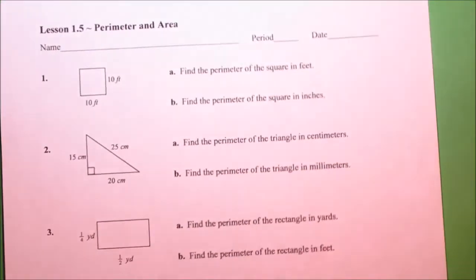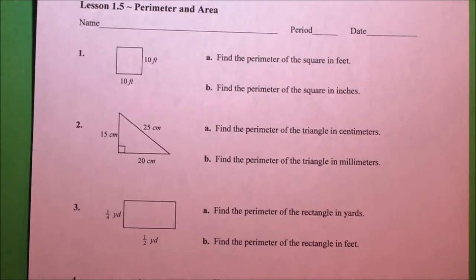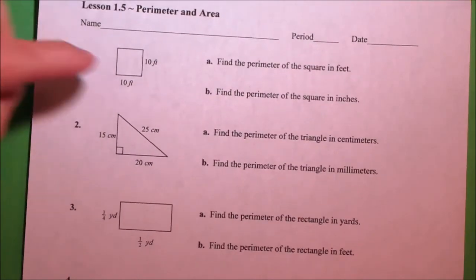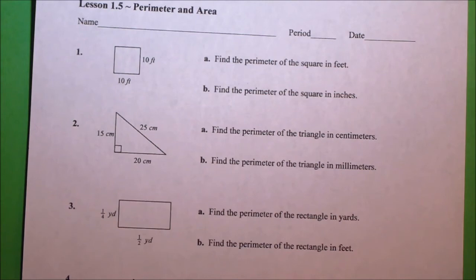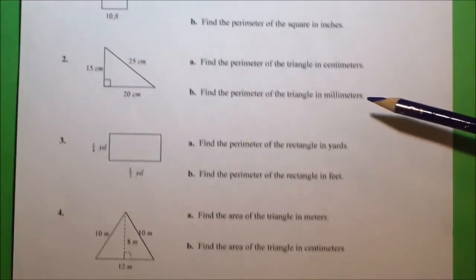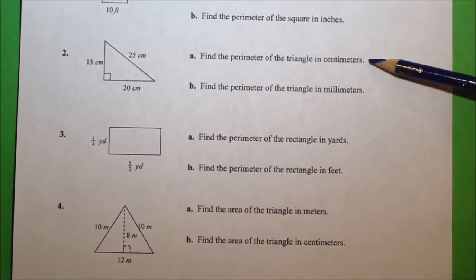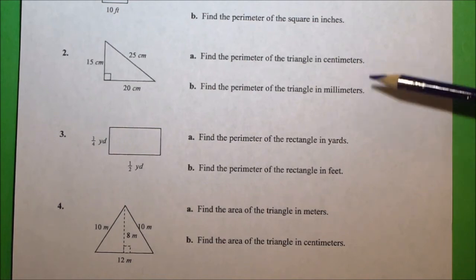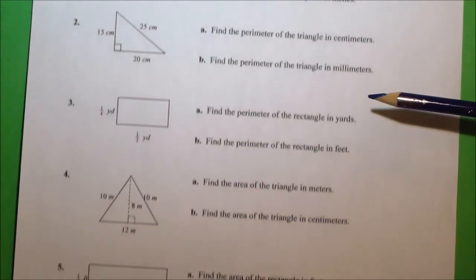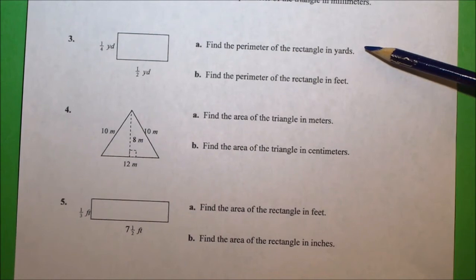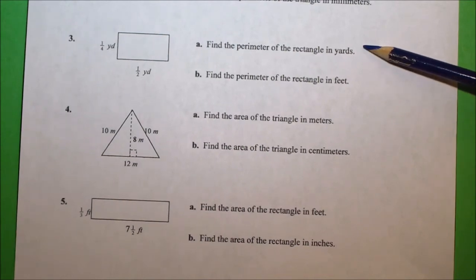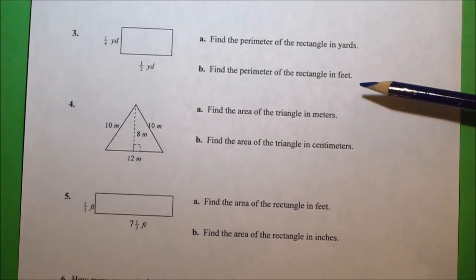All right, so worksheet. As I mentioned earlier, there's only 6 problems. The first one is finding the perimeter in square feet and in square inches of this square. The next one is finding the perimeter of this triangle, first in centimeters and then in millimeters. The third one is finding the perimeter of this rectangle, first in yards, then in feet.